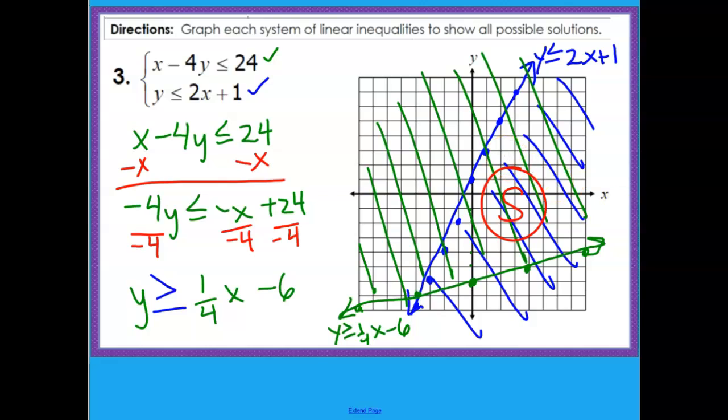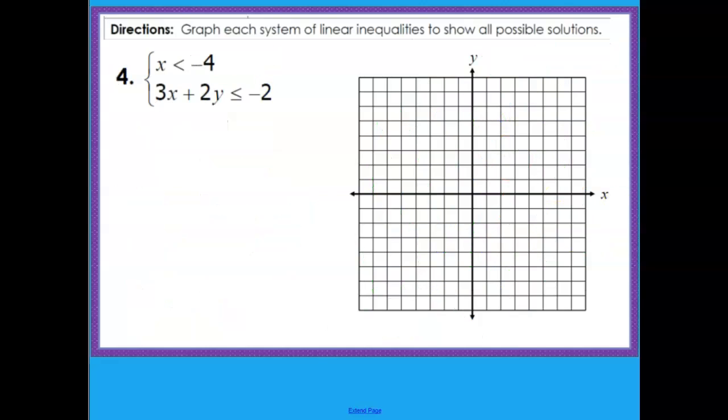All right, one more tricky graph. What happens if you have an inequality and one of your letters is missing? That means you have one of those special lines, right? You're either horizontal or you're vertical. And if you remember correctly, anything with an X only means it only touches the X-axis.